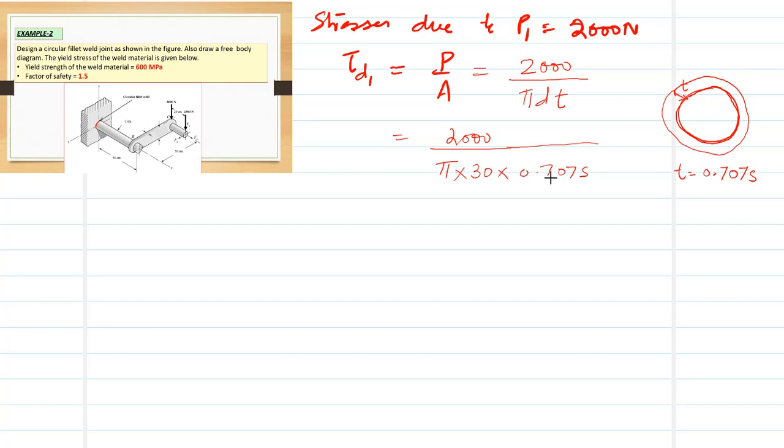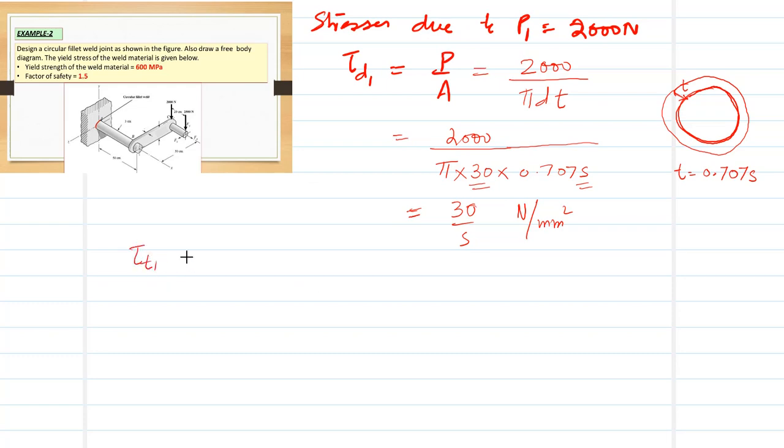So what you get is 30 divided by s Newton per millimeter square. Because we've taken 30 millimeters and also in millimeter, the unit of the stress is Newton per millimeter square. Clear? Okay.